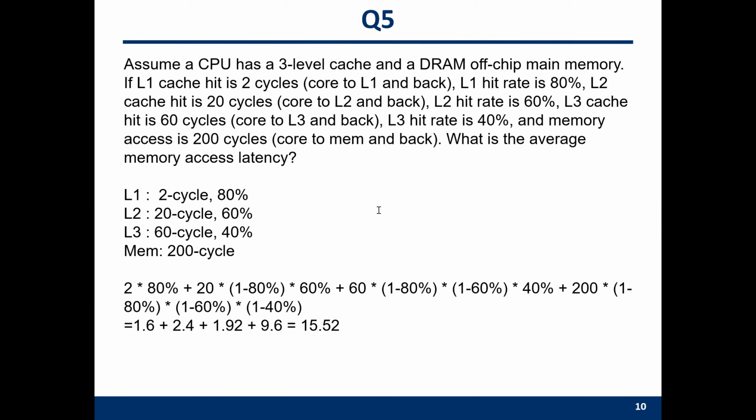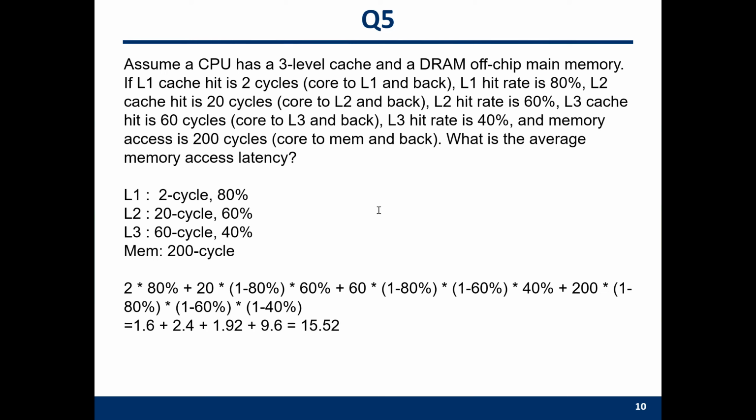Again, I will repeat. For all your memory accesses, 80% will be served by the L1 cache. And then you can use one minus this 80%, and the result is 20%. Of this 20%, 60% will be served by the L2 cache.